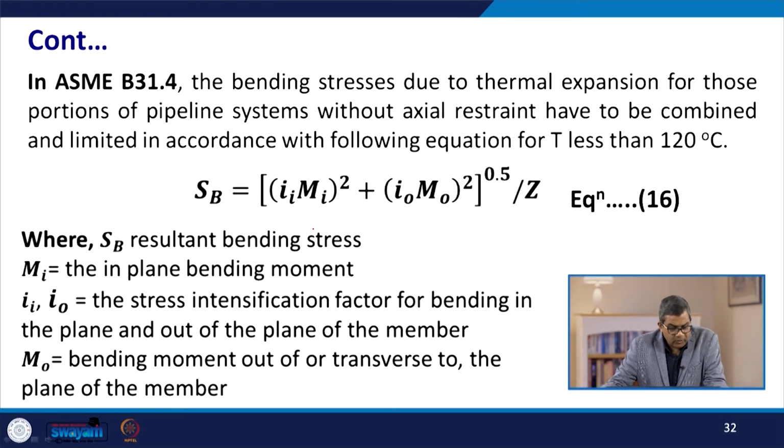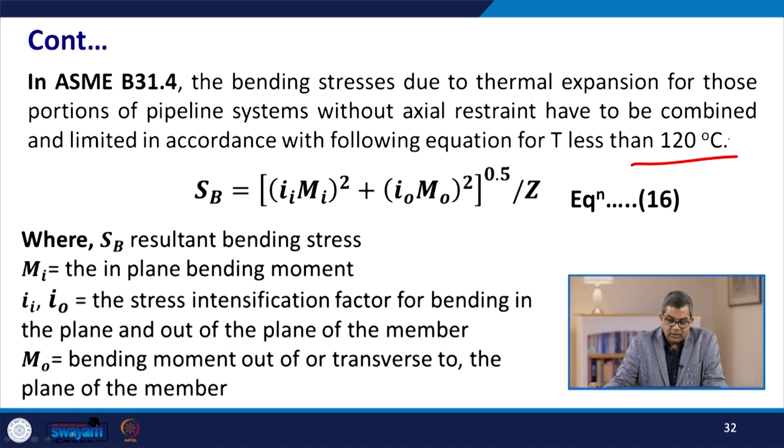Now, when we talk about the ASME B31.4, the bending stresses due to the thermal expansion for those portions of pipeline systems without axial restraint have to be combined and limited in accordance with the equation for T less than 120 degrees Celsius.